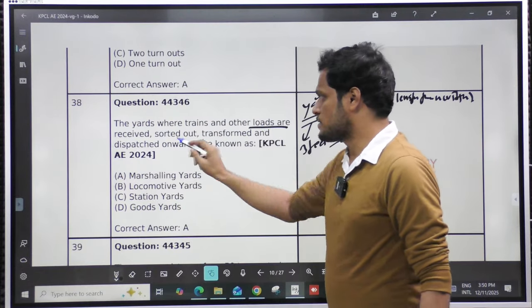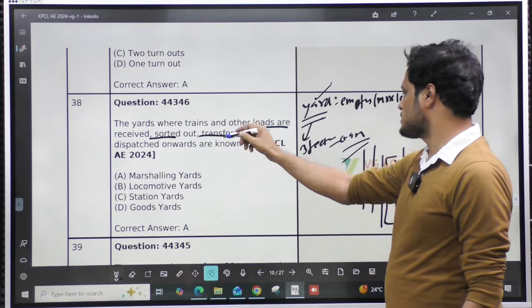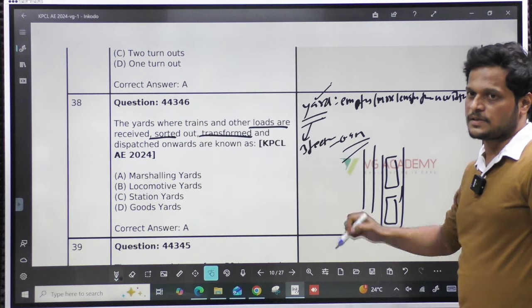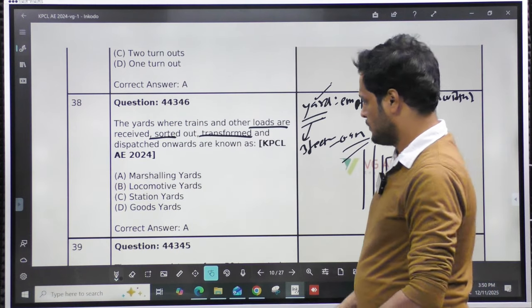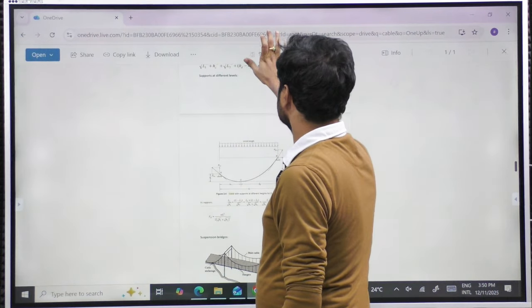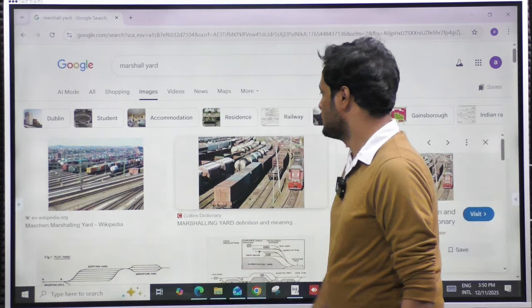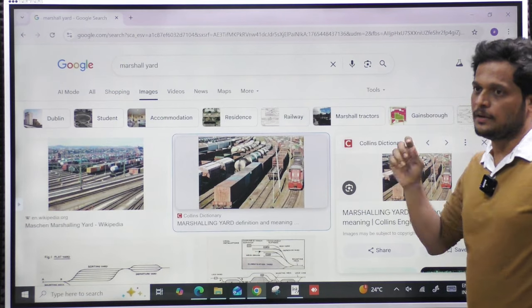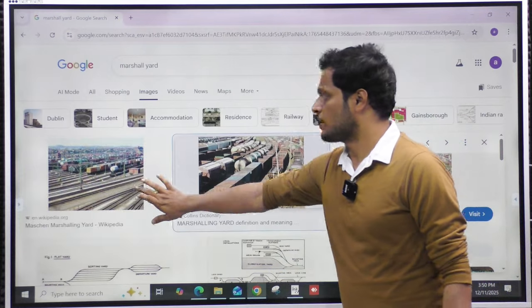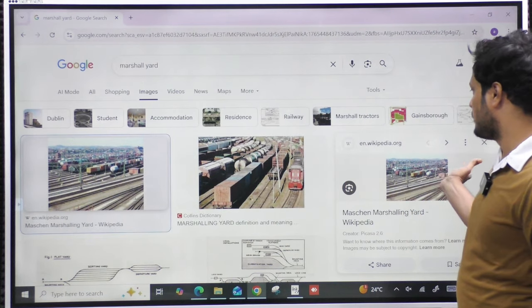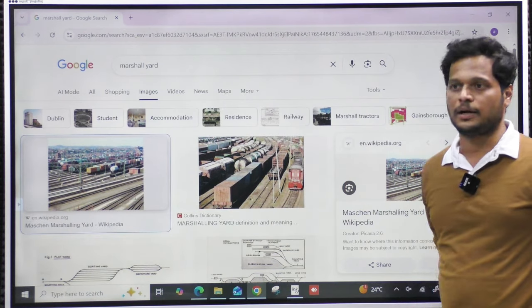Loads are received, sorted, transformed, all happening in these yards, these empty places. We will show one image also for your idea. Like this you see so many trains stopped when approaching a railway station. This empty place is called the marshalling yard.